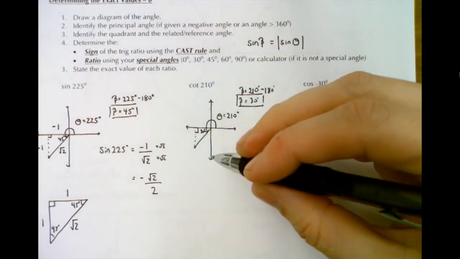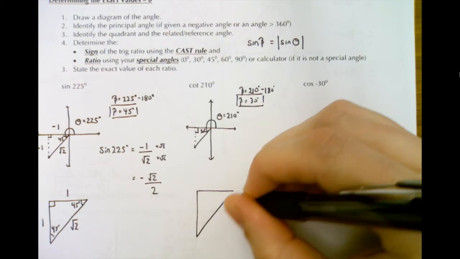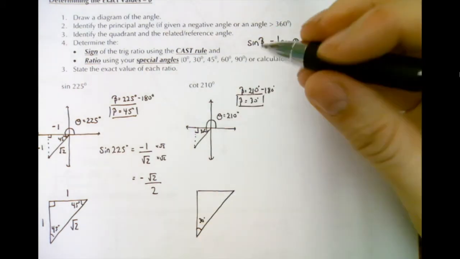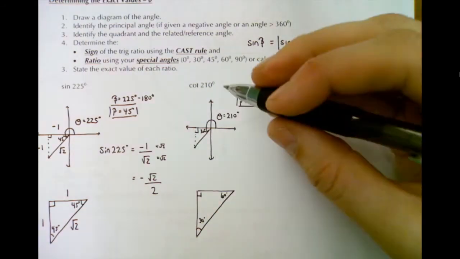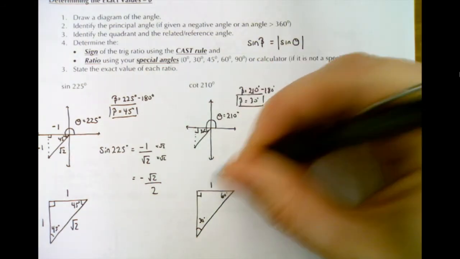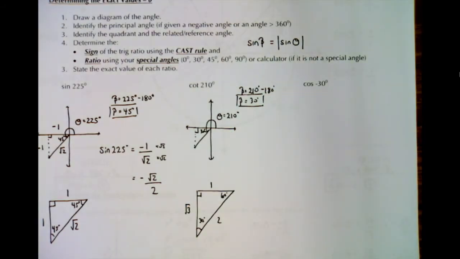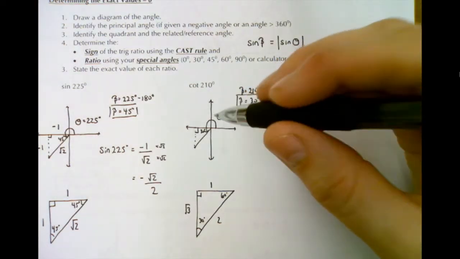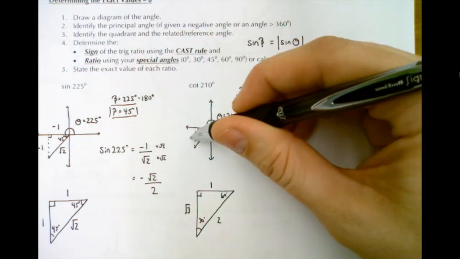So let's draw that special triangle. You'll have it on your formula sheet. And it's the 1, 2, root 3 special triangle. And if we go and label our triangle with the 1, 2, and root 3, we have to be careful. Based on the way I drew this, we might mistakenly put the root 3 here.